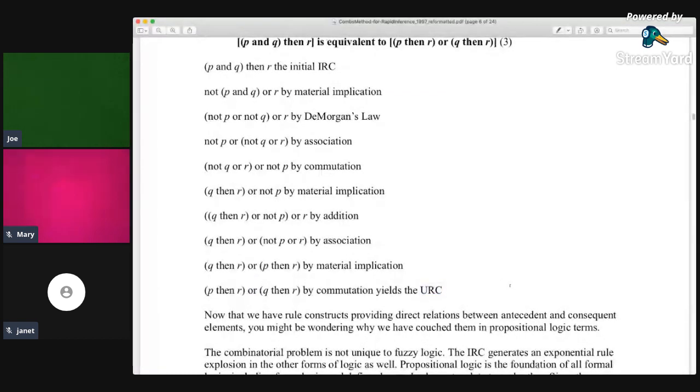So the connection here is the difference between the OR operator and the AND operator.